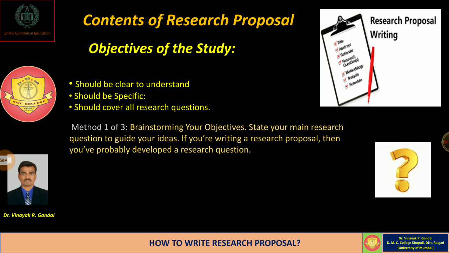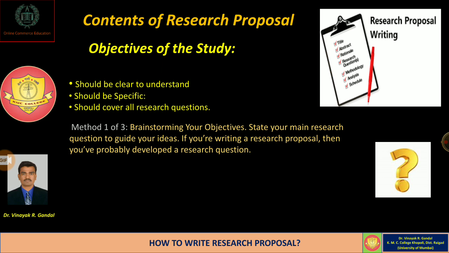So, dear students, there are three methods of drafting objectives of the study. Out of three, the first method is popularly known as brainstorming your objectives. In the first method, the researcher is required to state their main research question to guide their ideas.